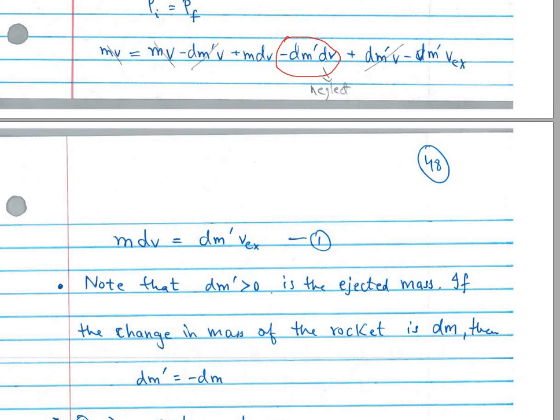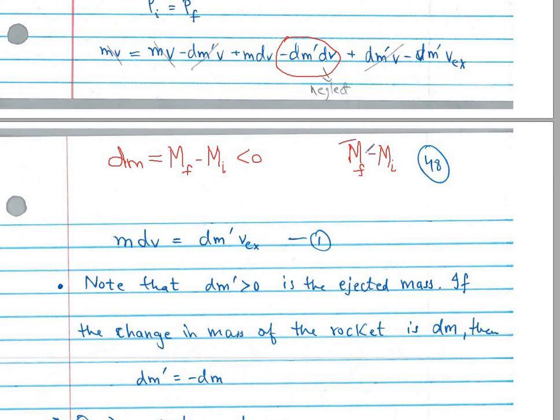Now let's talk about a subtlety over here. dm prime is a positive quantity, right? But we need to write this in terms of the mass of the rocket. So let's say dm is the change in the mass of the rocket, m final minus m initial. This is going to be a negative quantity, because the mass of the rocket is reduced when it loses mass.